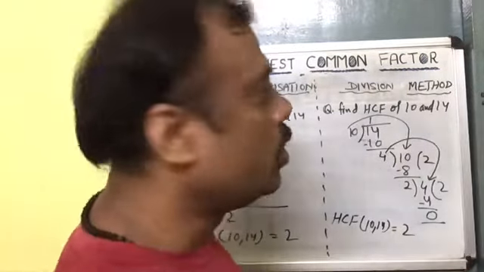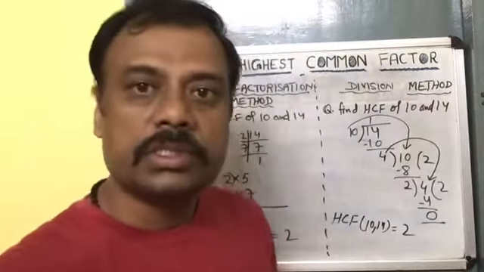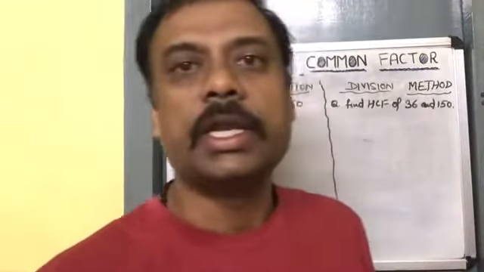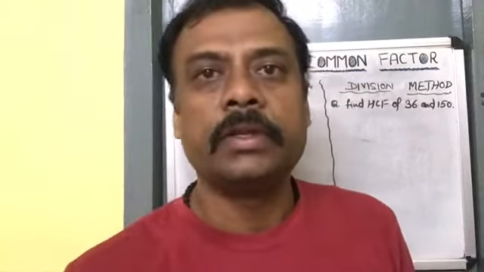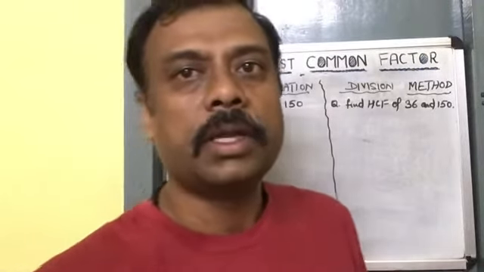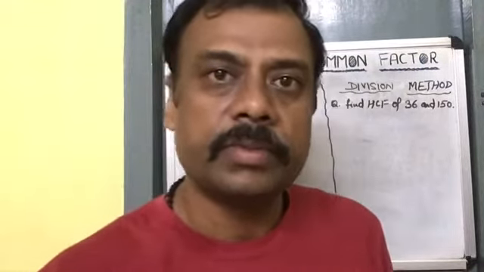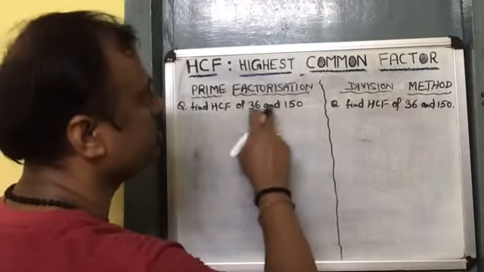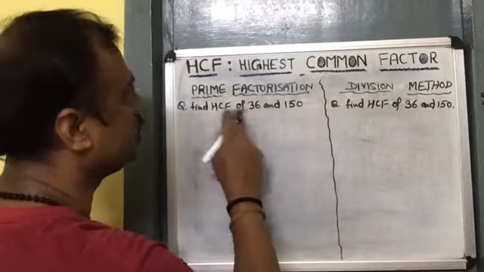Let us understand this process with some other examples. Here is another example which we will do with both the prime factorization and division methods. For prime factorization, we must find the prime factors of the given numbers.